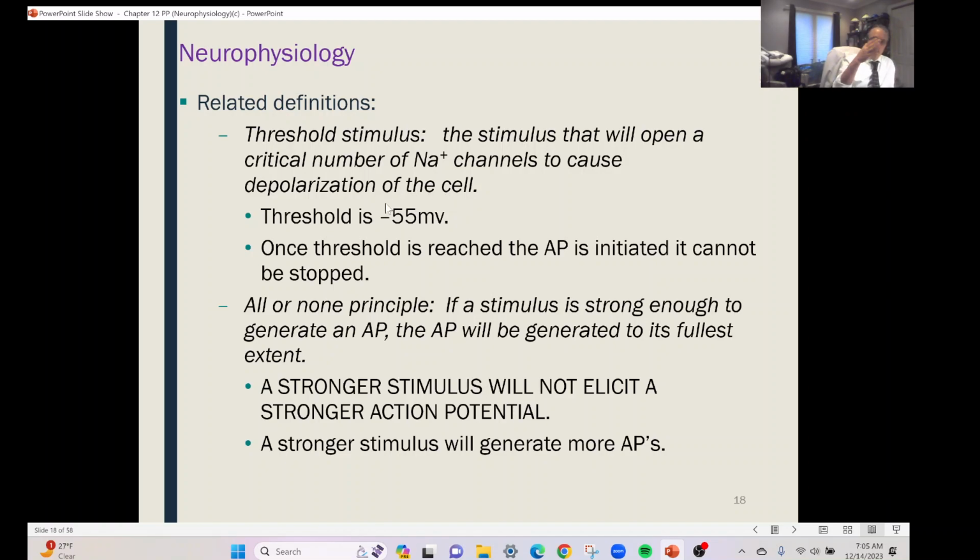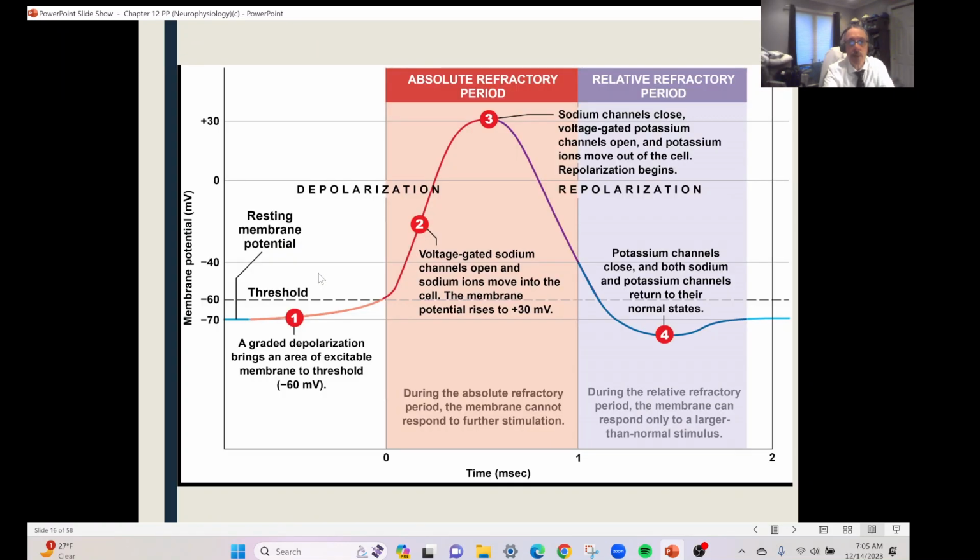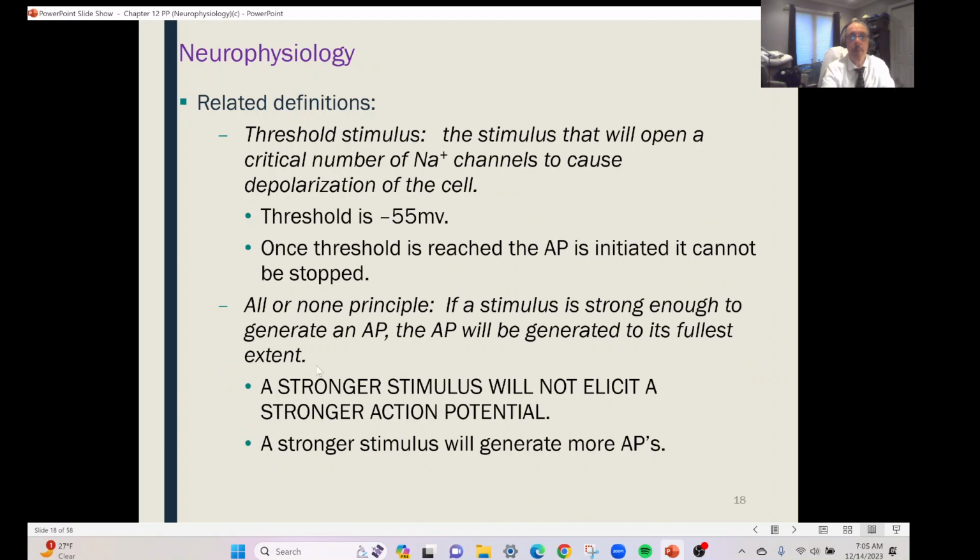It does range from minus 60 to minus 55, but we're going to go with minus 55. Once threshold is reached, once we get to this point right here, this is going to happen. We can't stop it. Once threshold is reached, the action potential will be initiated and you can't stop it.